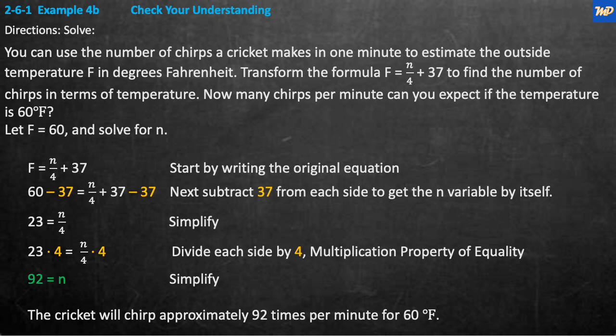Okay, so what are we going to do? Problem: you can use the number of chirps a cricket makes in 1 minute to estimate the outside temperature F in degrees Fahrenheit. Transform the formula F equals N divided by 4 plus 37 to find the number of chirps in terms of temperature, where N is the number of chirps. Now, how many chirps per minute can you expect if the temperature is 60 degrees Fahrenheit?